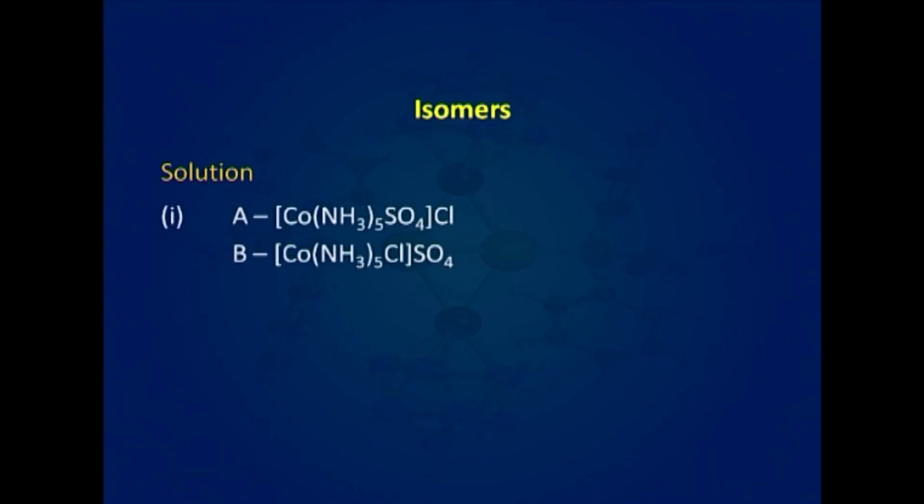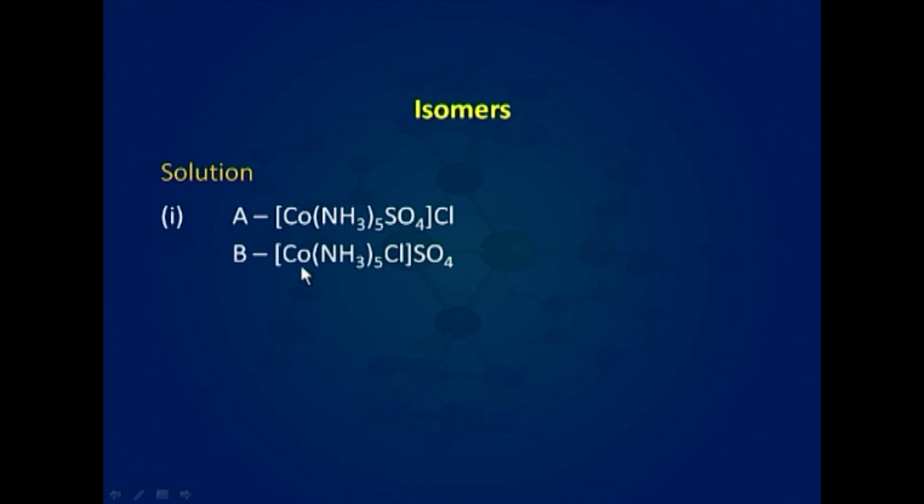Now, based on the data given in the problem, we will now discuss its solution. The isomer A is [Co(NH3)5SO4]Cl. It is so because isomer A gives white precipitate with silver nitrate. As Cl is present in ionization sphere here, this isomer will give white precipitate with silver nitrate. And in the problem, it is given that isomer B gives white precipitate with barium chloride.